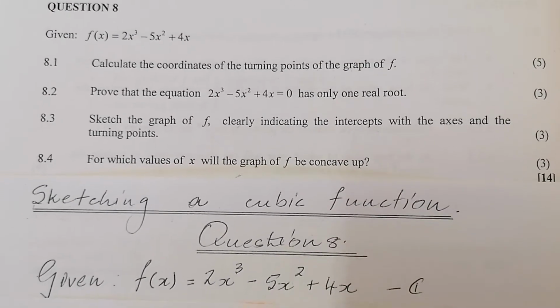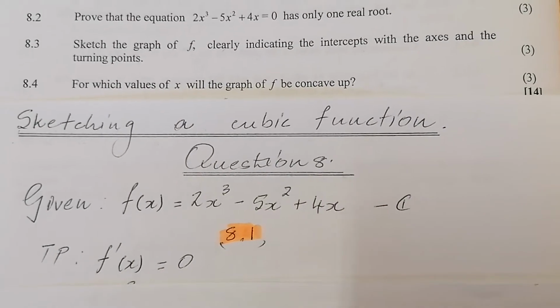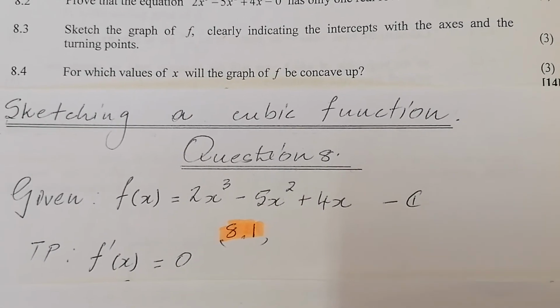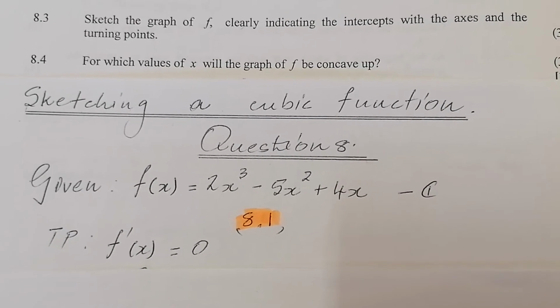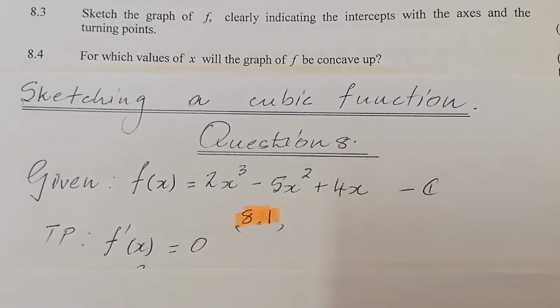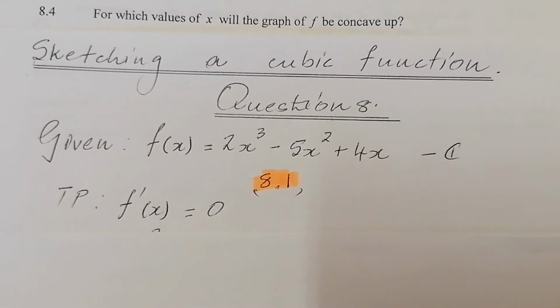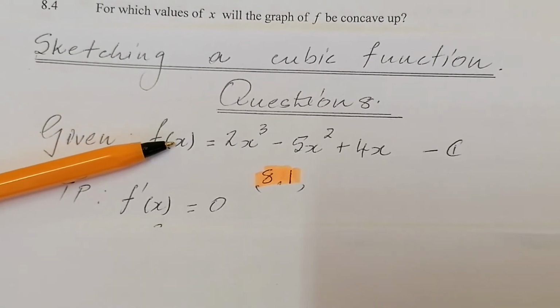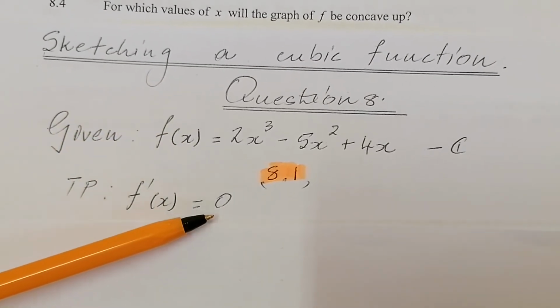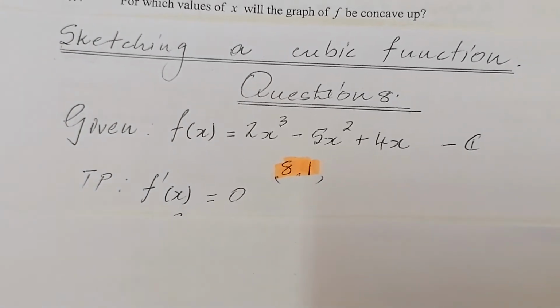What did I do? First of all, for the turning points, what we know is the fact that the derivative of f of x must be equal to 0, because the turning points are stationary points.